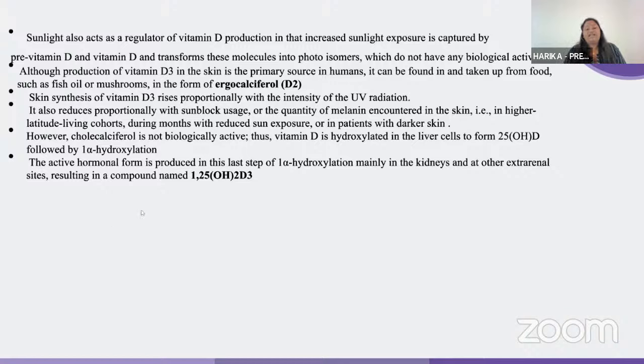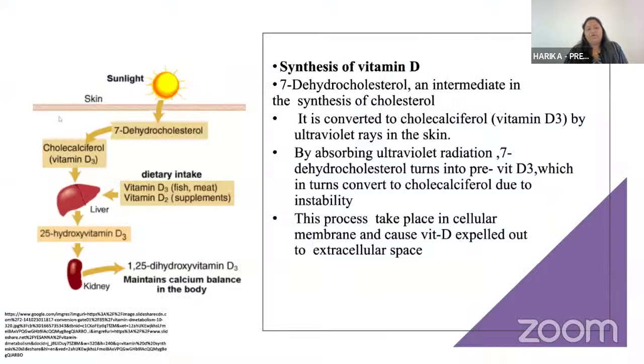So this is the active form, produced in the last step, mainly in the kidneys and other renal sites, and the ultimate product will be 1,25-(OH)2D3.